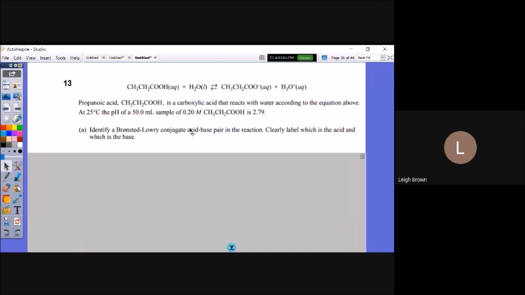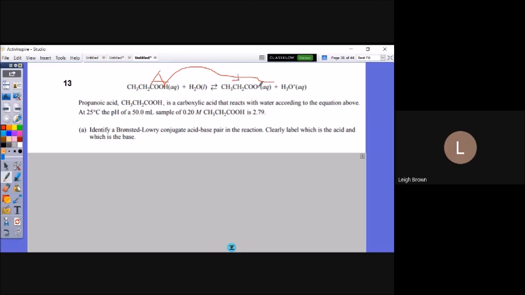A Bronsted-Lowry acid is a proton donor. So I would have to say that this is my acid. And if I'm asked for a pair, it's what it results as after it donates its proton.